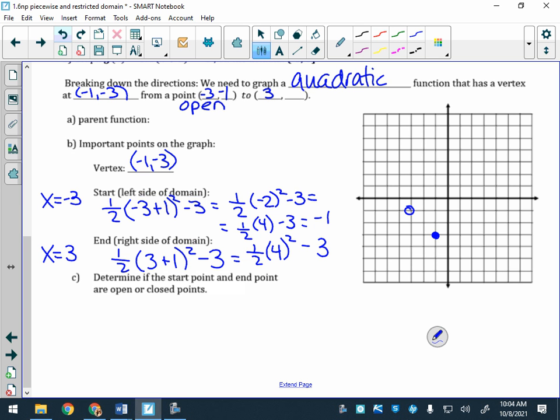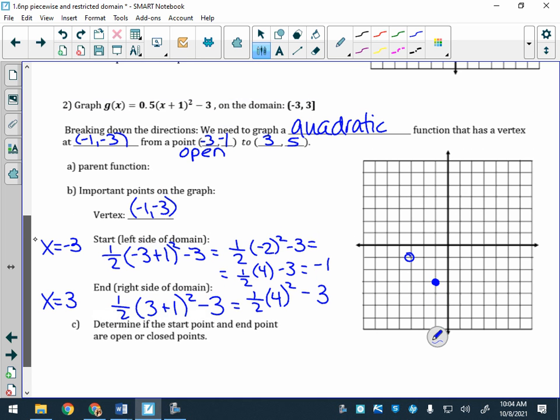Okay. What is our corresponding y value? Grant? 5. And is that going to be open or closed? Closed. Good, because of the bracket.